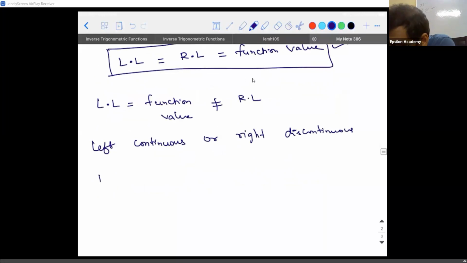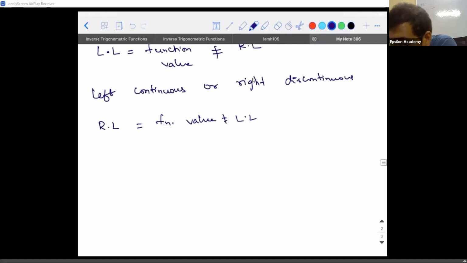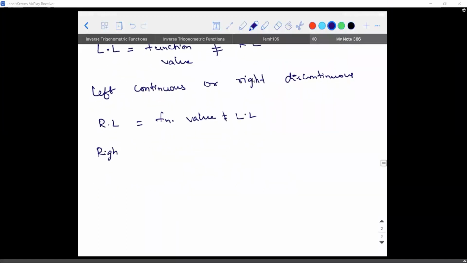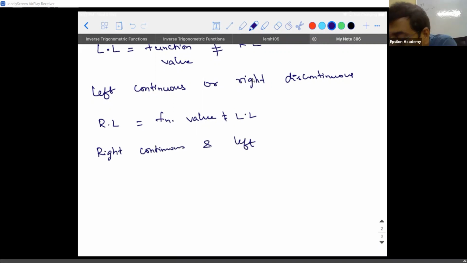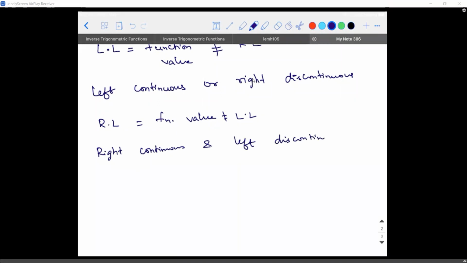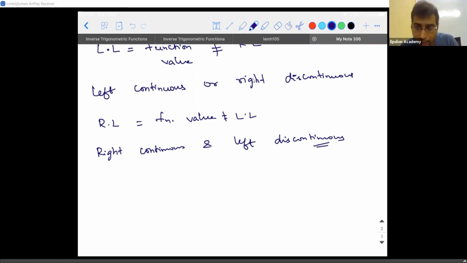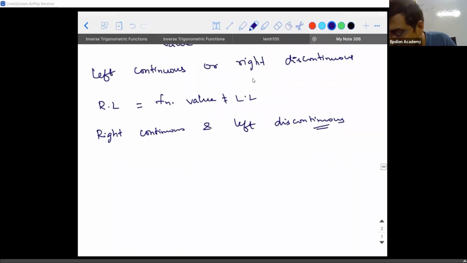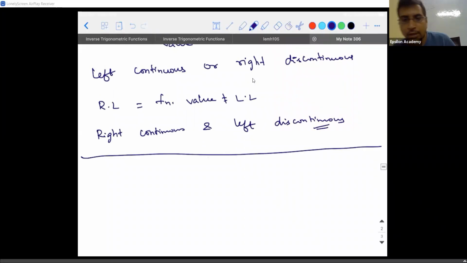Similarly, right limit might be equal to function value, need not be equal to left limit. Then what can you say? It can be right continuous, and from the left it is discontinuous. I will explain it, and if possible, I'll try to show it graphically also. If you're clear with these points, let me take an example and explain it.